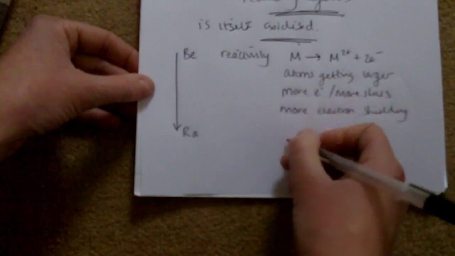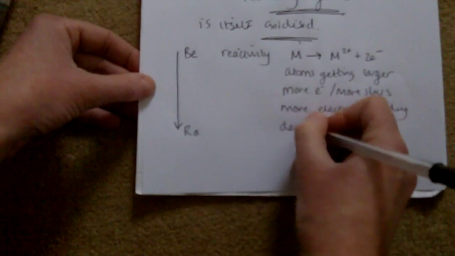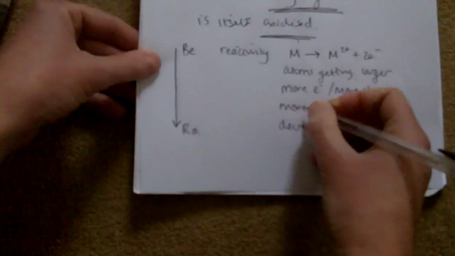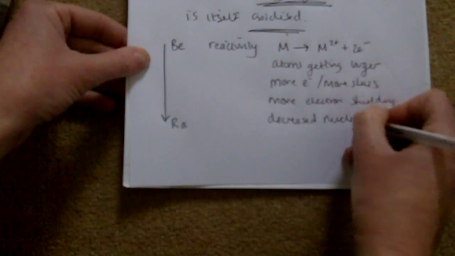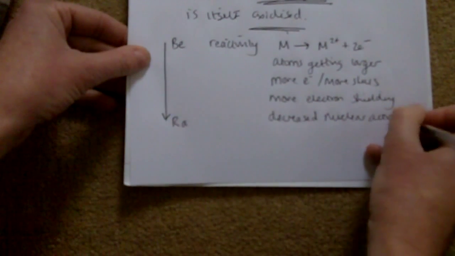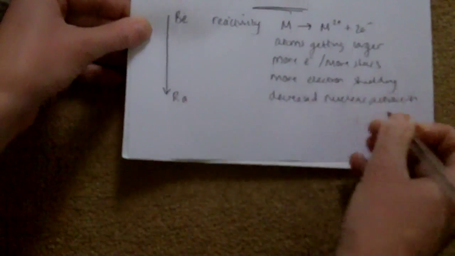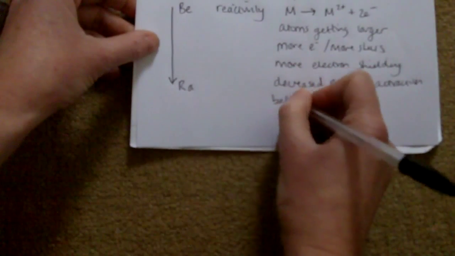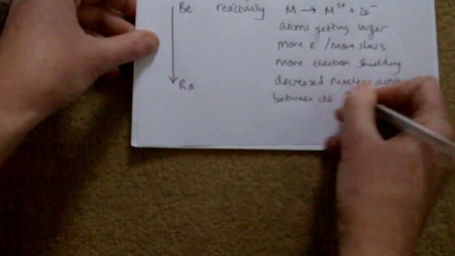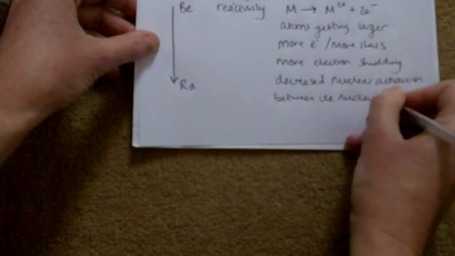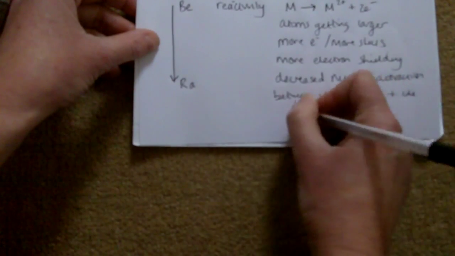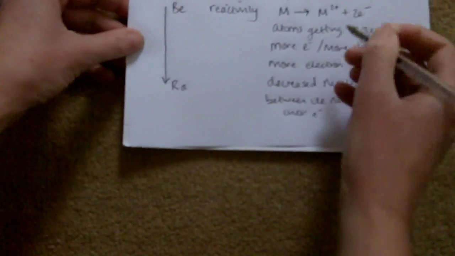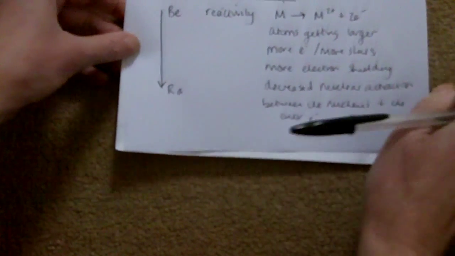So as you go down the group, there is less nuclear attraction between the nucleus and the outer electrons. So that's what's happening as you're going down the group.